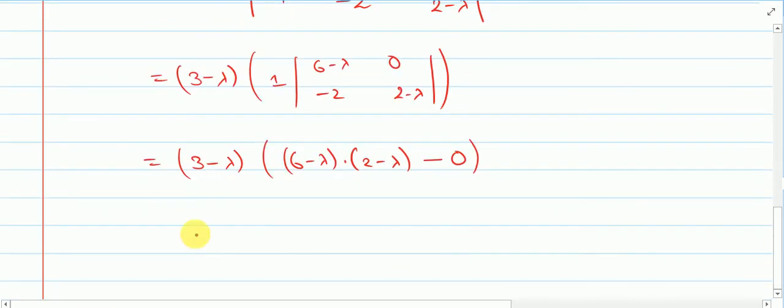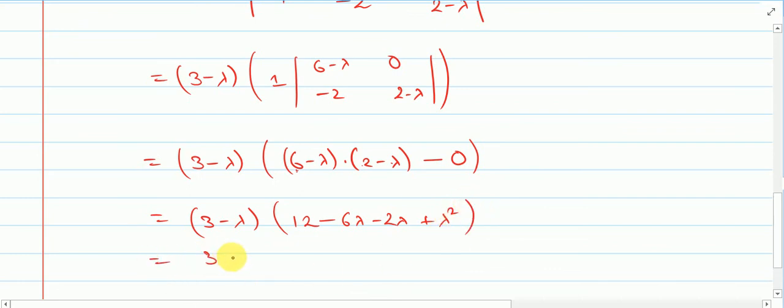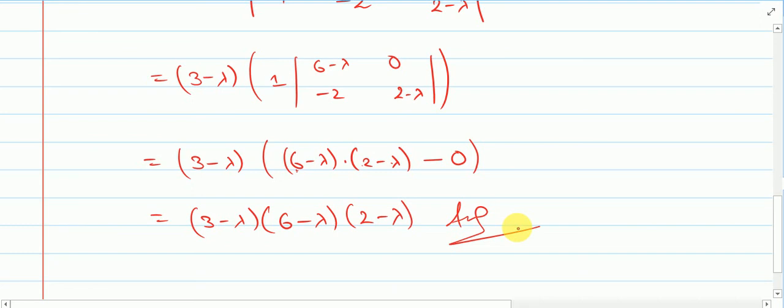So 3 minus lambda, and here what we can do is multiply: 6 2s are 12 minus 6 lambda minus 2 lambda plus lambda square. But there is no need to expand. Leave it. So 3 minus lambda, 6 minus lambda, 2 minus lambda is your answer.